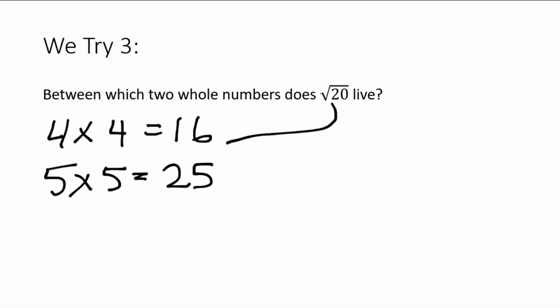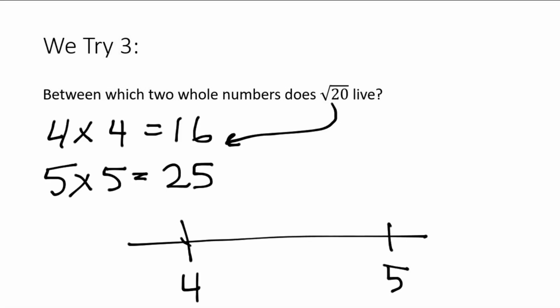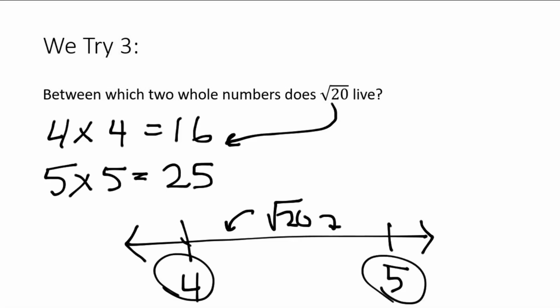And 20 is in between 16 and 25. So if here's 4, here's 5, the square root of 20 must live somewhere in between those numbers on our number line. Right? So we're good. We're in between the numbers 4 and 5.